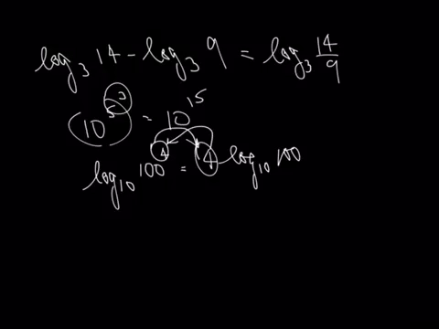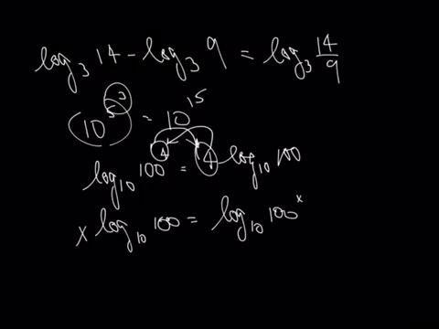It just kind of depends on what I'm doing, on which direction I'm going to go, what rule I'm going to follow. So if I've got x log 10 of 100, that's the same as log 10 of 100 to the x power.